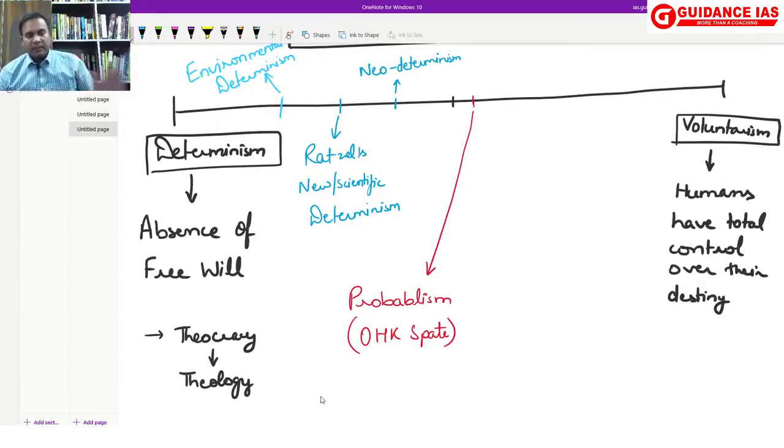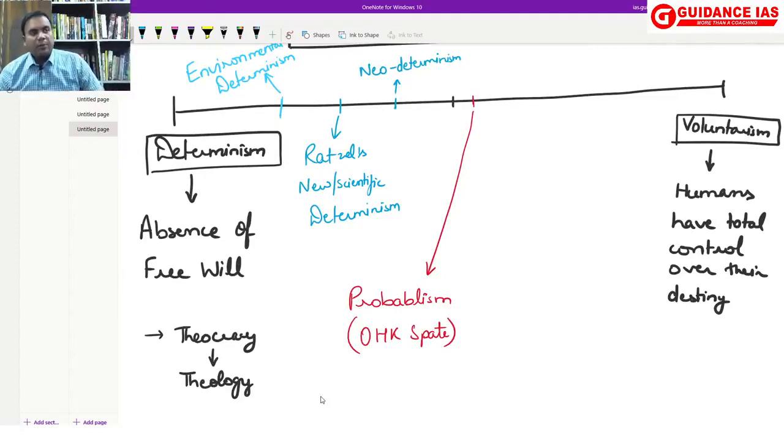So when you are bringing chance, chance is what? It is outside our control. We cannot control chance or luck. So again he is giving power to some kind of mysterious force. Okay?